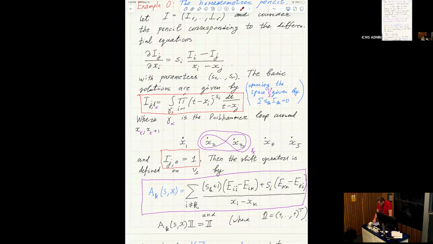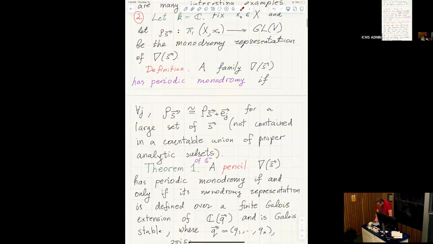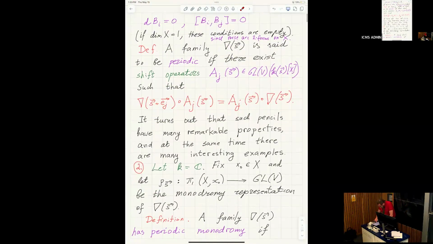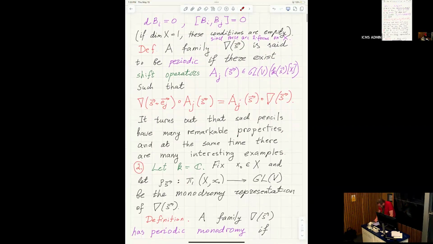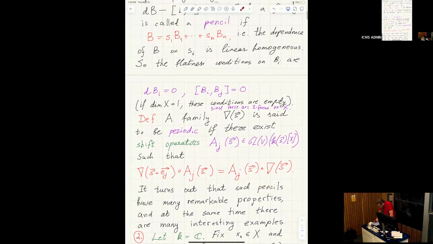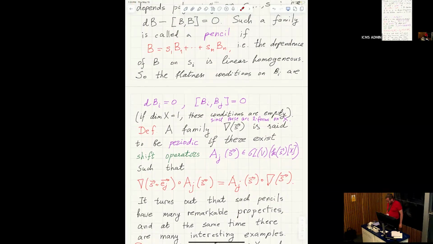Okay, so now I go back to this story. Sorry, Pasha, you said that it shouldn't have poles in X, but in your example, it has poles in X. No, it should not have mixed poles with X and S, but the variety X is in this case not the affine space, but affine space with removed diagonals.